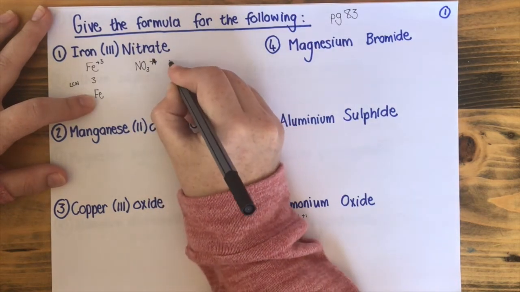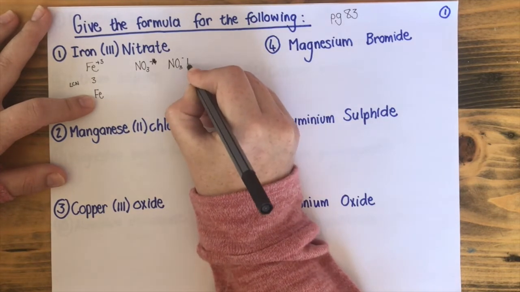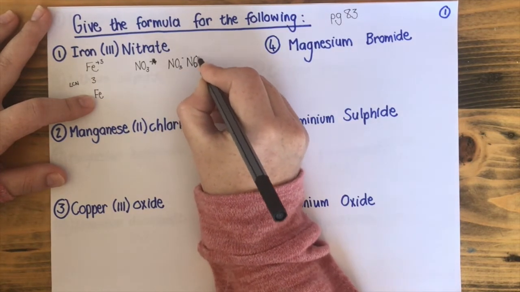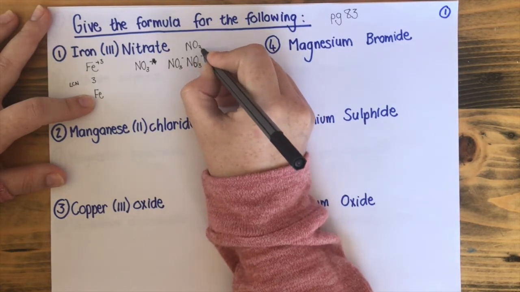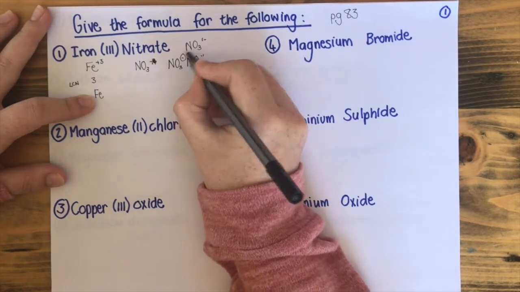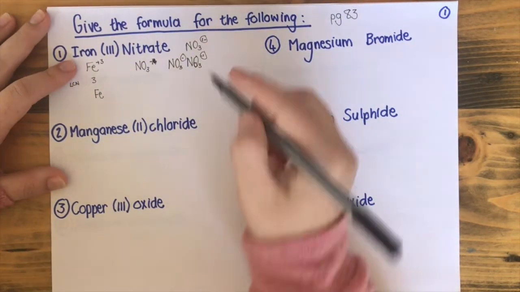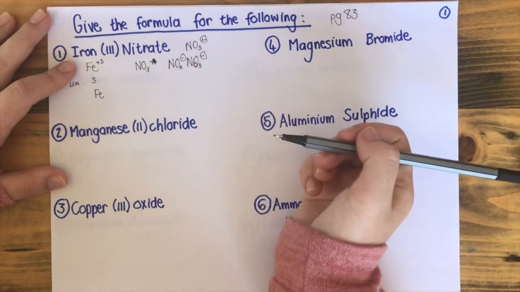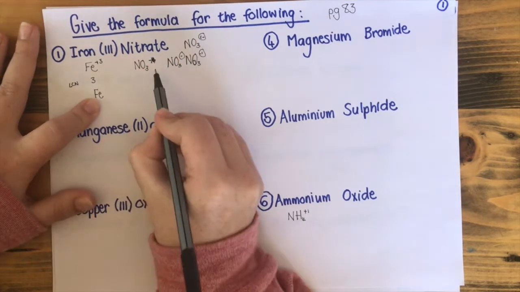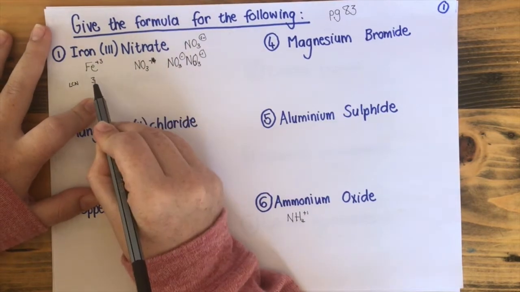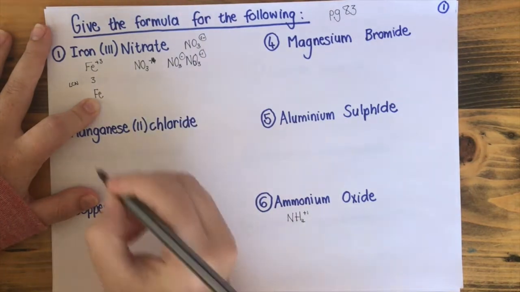If it's just a minus, that means it's -1. So if you see something like NO3 minus, or NO3 minus 1, or NO3 1 minus, all of those mean exactly the same. Okay, even though they look different, they mean the same thing to us. So over here we have 1 ion and 1 goes into 3 three times, so we need 3 of those entire polyatomic ions.